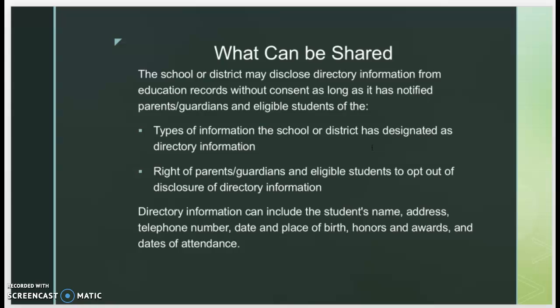Parents can opt out of us disclosing this directory type of information. This information could include the student's name, address, telephone number, date of birth, where they were born, any honors and awards that they received, and the dates that they attended the school.